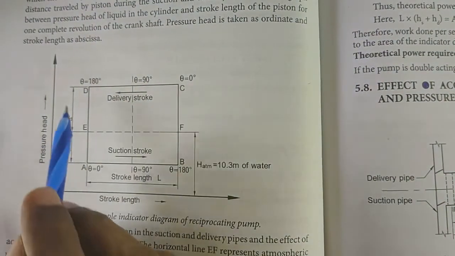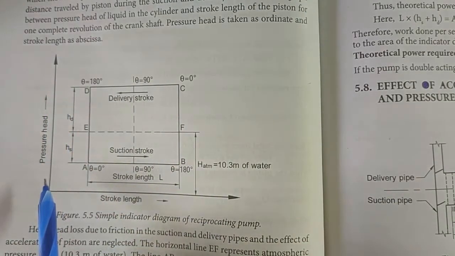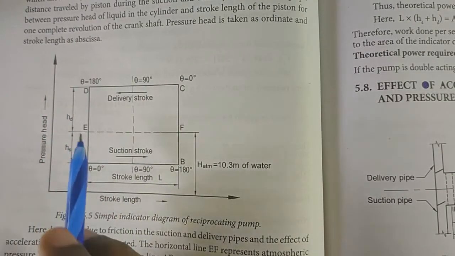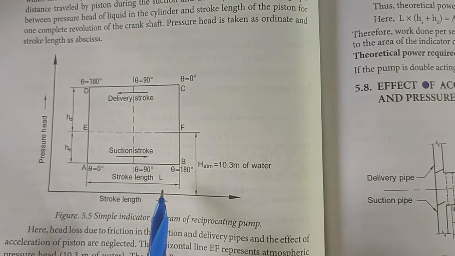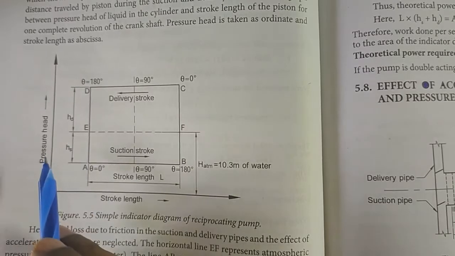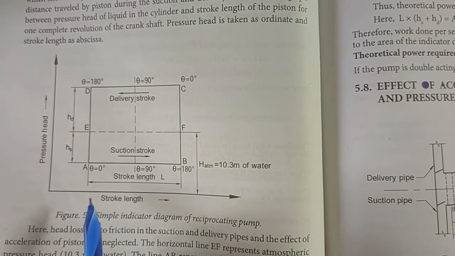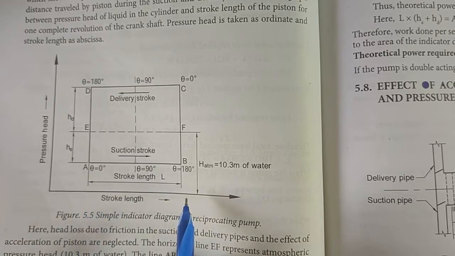Indicator diagram means the pressure head developed inside the cylinder of the reciprocating pump along the stroke length is plotted on a graph. The pressure head in the cylinder will be on the y-axis and the stroke length on the x-axis. That plot is known as the simple indicator diagram.